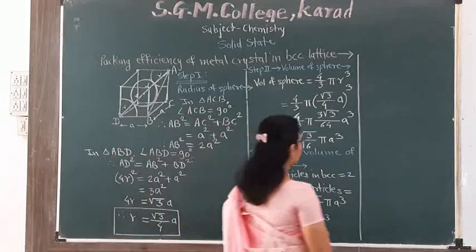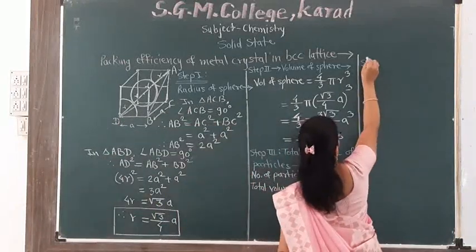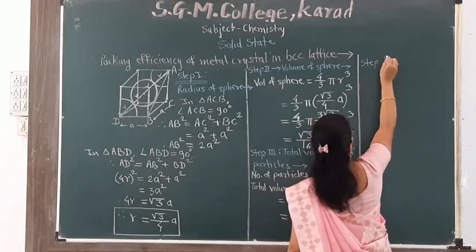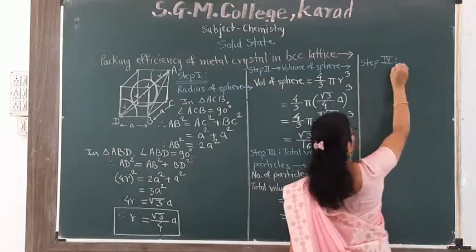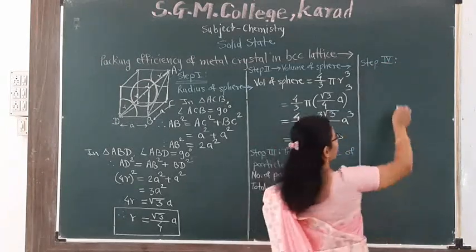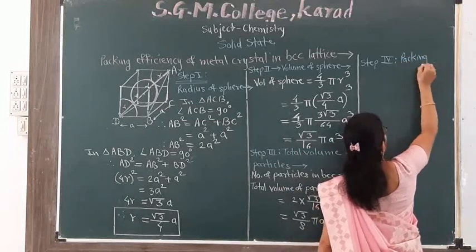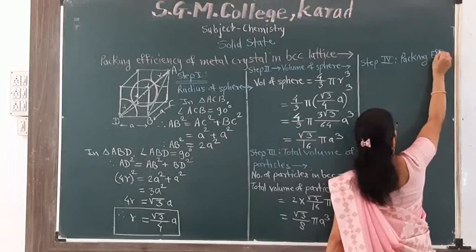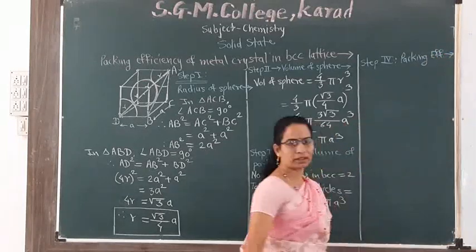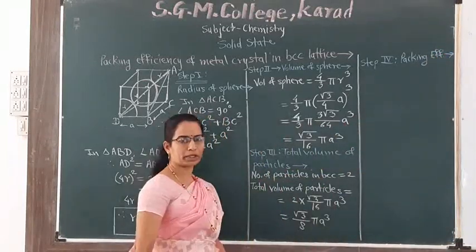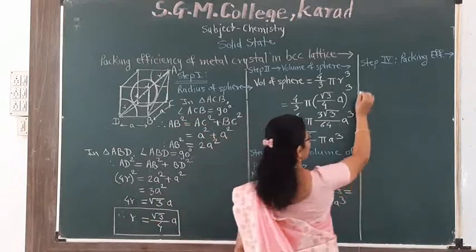Now let's see the last step, the fourth step. In the fourth step, we are determining the packing efficiency. And how is it determined? We know the formula to determine the packing efficiency.